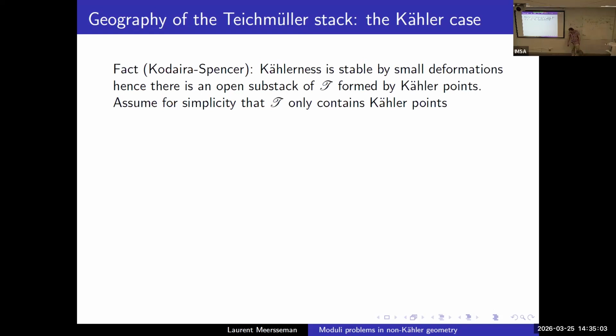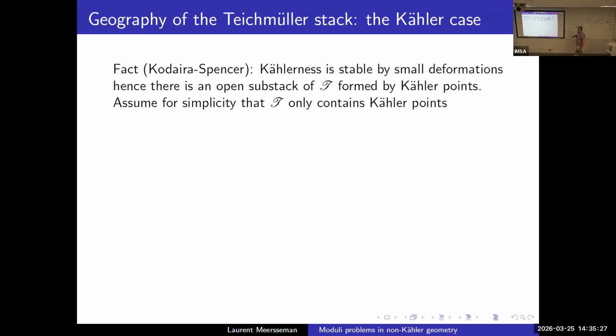It's in the third part of their foundational paper I was talking about. I said that the 1960s paper is in two parts. There is a third part, which appeared some years later, where they prove the stability theorem. Especially, they prove that Kählerness is stable under small deformation.